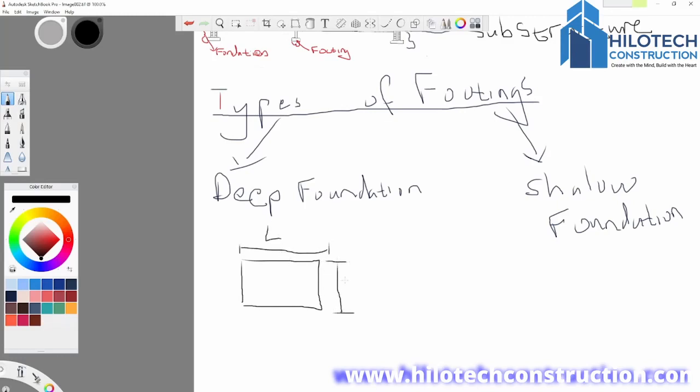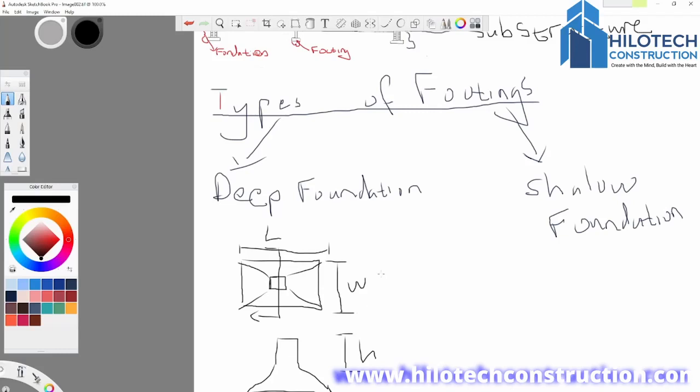So you have the length, let's call it L, and you have the width, let's call that W. So this is your footing, and you have your column in the center like this. And of course, if we were to cut a section of this, we are going to see something like this. And from here now, we can have the height of this.